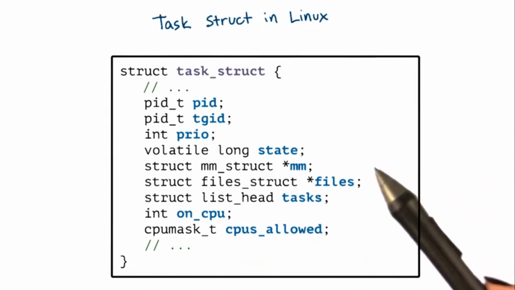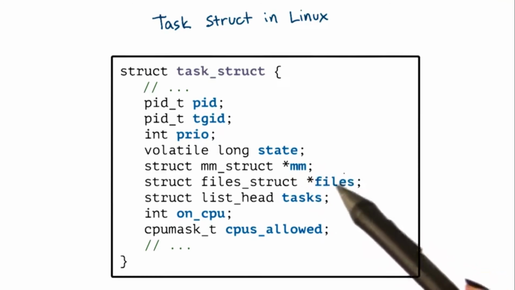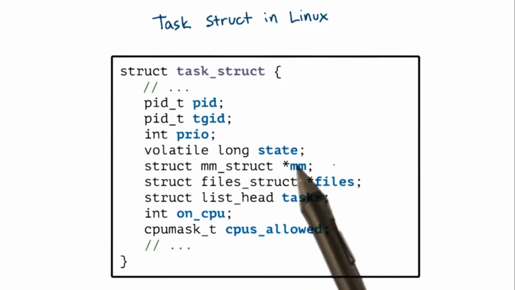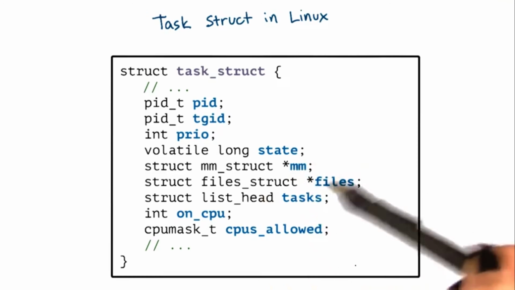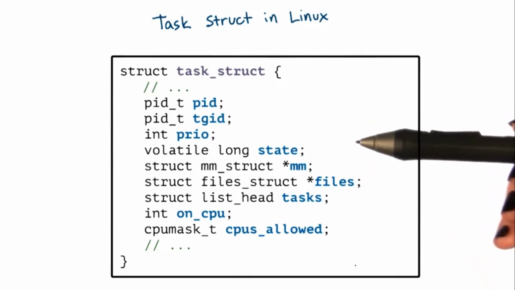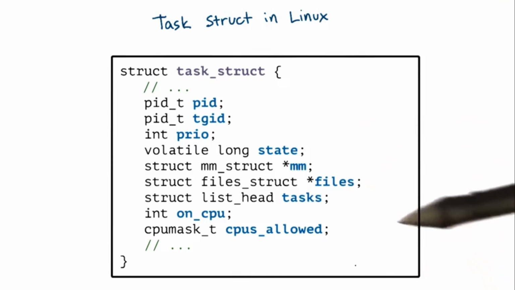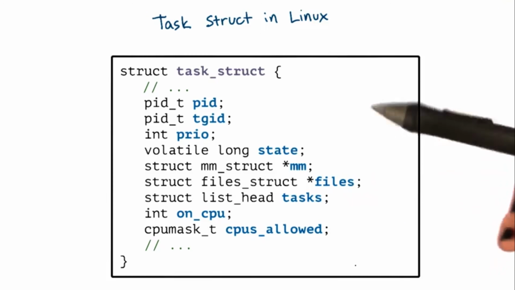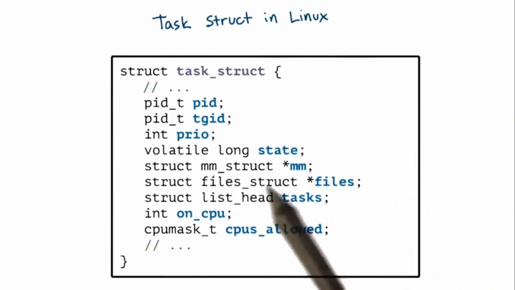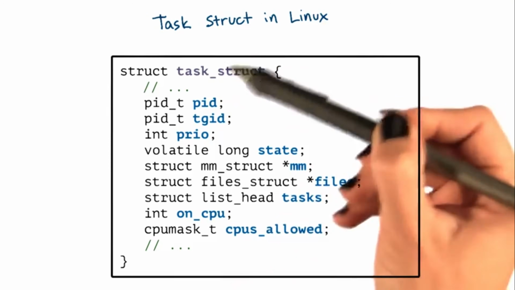Instead, the process state was always represented through a collection of references to data structures, like the memory management, the file management. These are all referenced via pointers. So this makes it easy for tasks in a single process to share some portions of the address space, like the virtual address mappings or files. And in that case, these pointers would simply point to the same memory management structure or file structure. There are a number of other fields in the task structure.